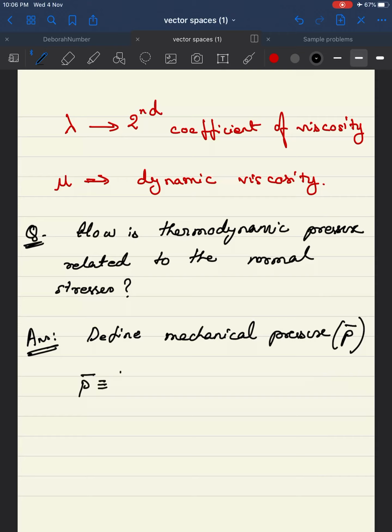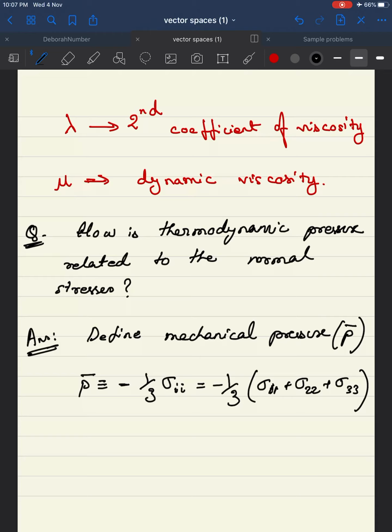and I define this as the average of sigma II, and I'll also put a minus sign, minus 1 by 3 sigma II, which is equal to minus 1 by 3, basically sigma 11 plus sigma 22 plus sigma 33, right?